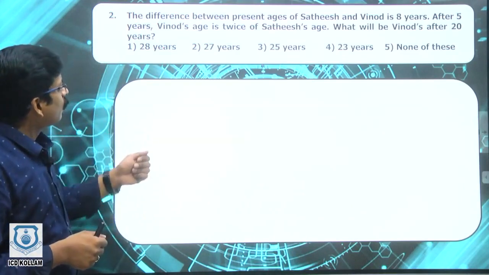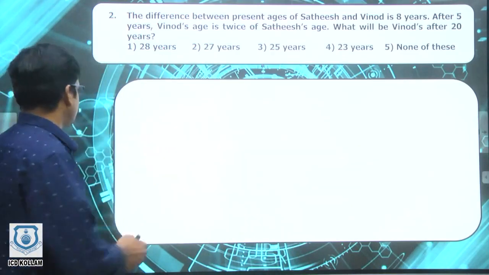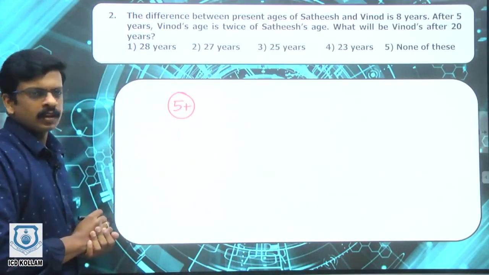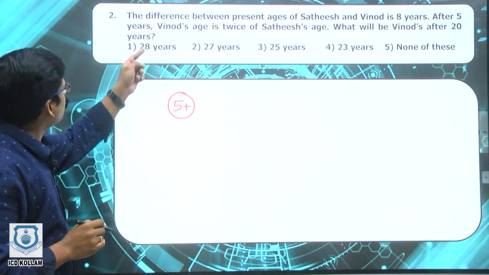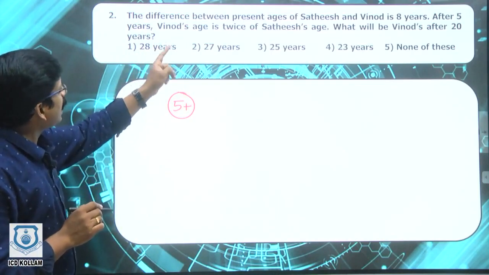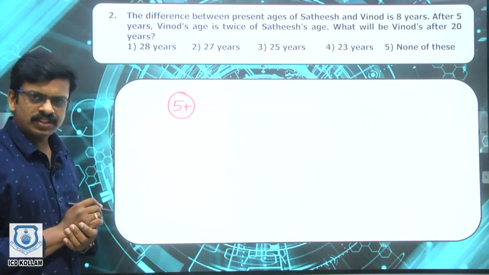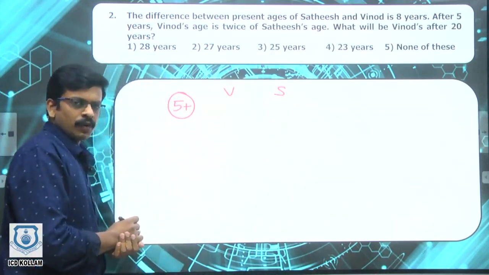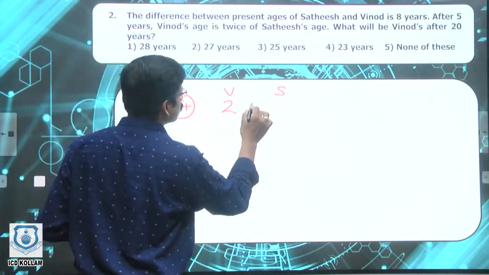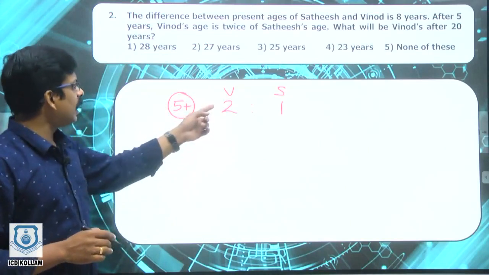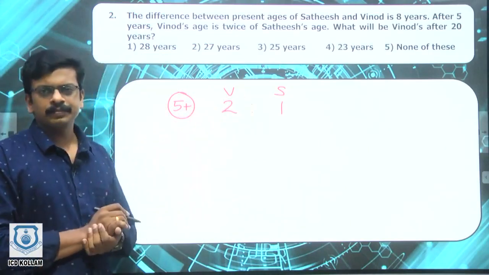You know, after 5 years, so I denote it as 5 plus. The ratio is given: Vinod's age is twice Sadish's age. So Vinod and Sadish are there, and Vinod's age is twice Sadish's age, this is the ratio.